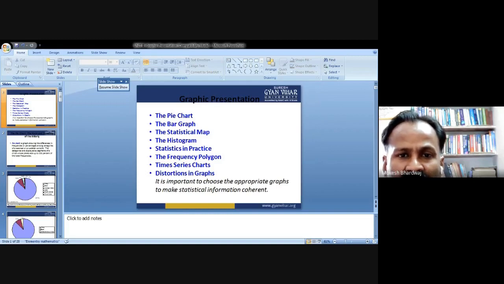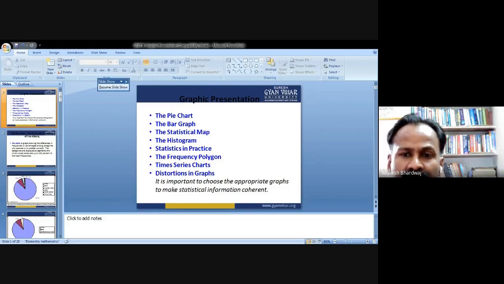Percentage black of total state population 65 years and over. As the heading mentions, what is the percentage of blacks of the total state population, and those who are aged more than 65 years in the year 1991.